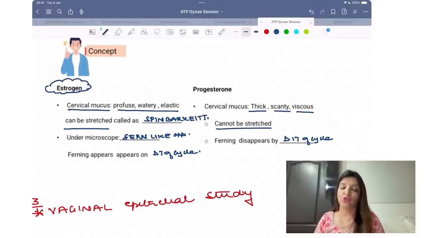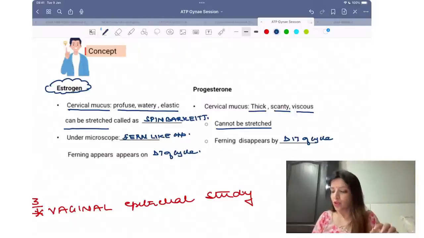Under the effect of estrogen, cervical mucus thin होता है. देखो, first half of the cycle में everything is happening in such a manner कि sperm जो है वो बहुत easily ova के पास पहुंच जाए. That is why you get that cervical mucus is profuse, watery, elastic and it can be stretched.